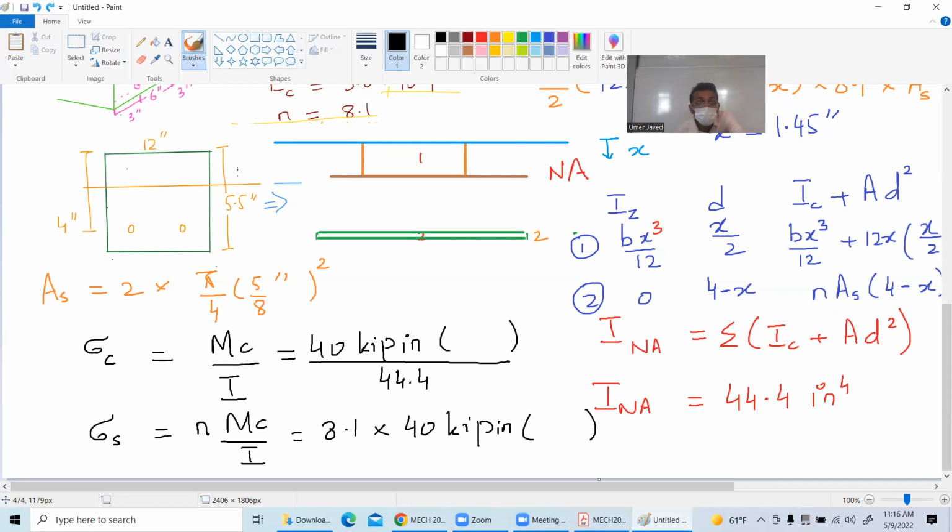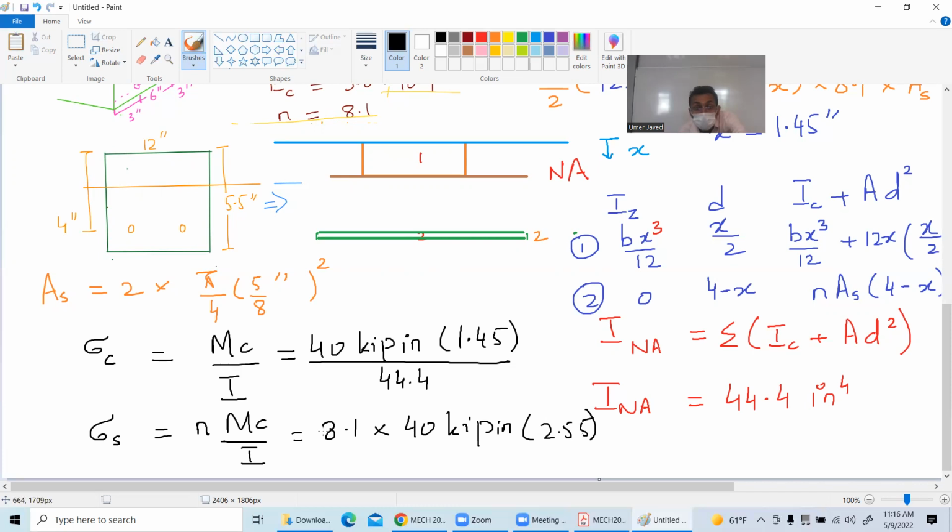If x is 1.45 inches, for concrete I will put 1.45. And for finding the stresses in the rebar, 4 minus 1.45. Good. So it is 2.55.